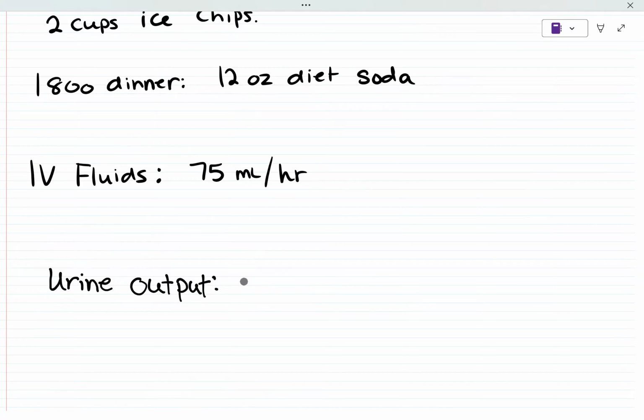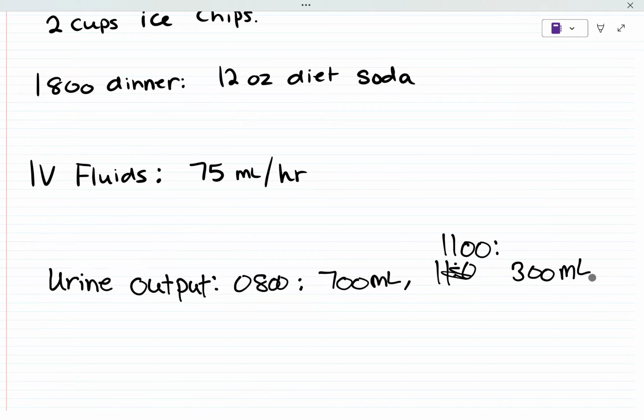At 0800, there are 700 milliliters, and then at 1100, there is 300 milliliters. And then at 1300, there was 300 milliliters. I apologize.